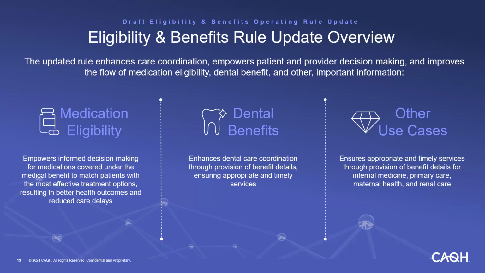For instance, for medications covered under the medical benefit, sharing financial information can align patients with the most appropriate treatment options. And there could be a line to draw from that general notion to better health outcomes and reduced care delays. The rule updates will also enhance dental care coordination with dental specific details.